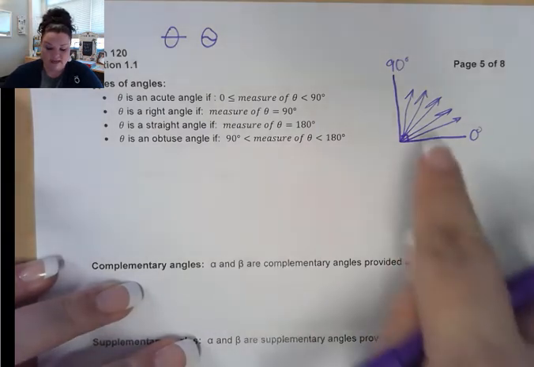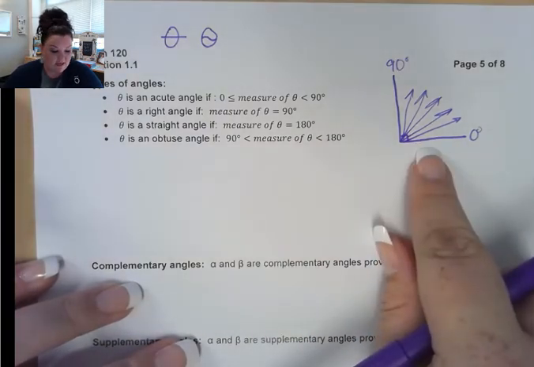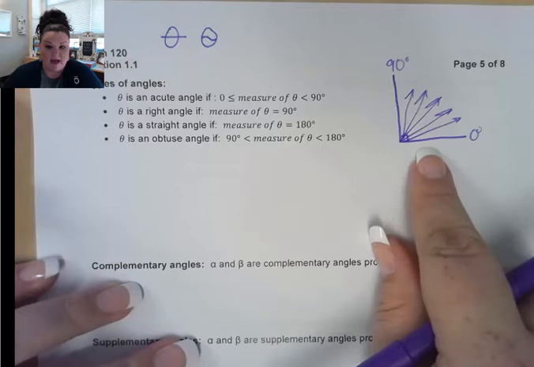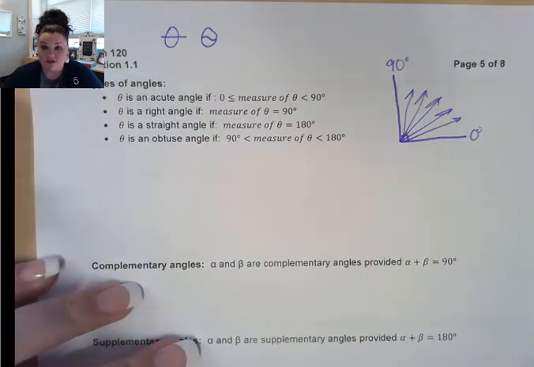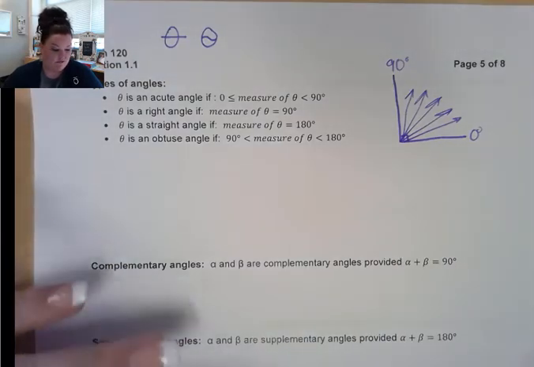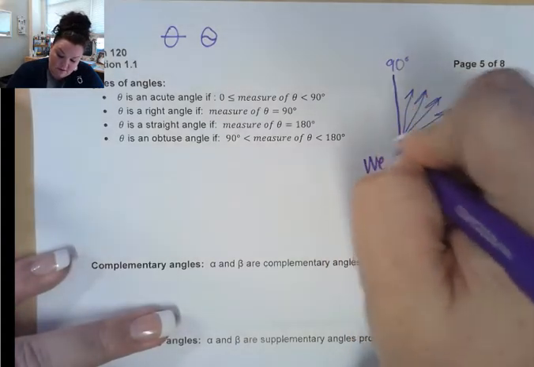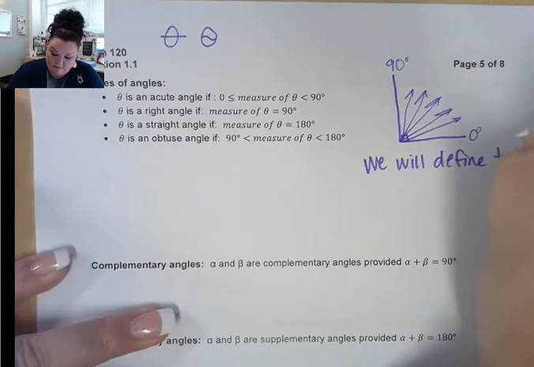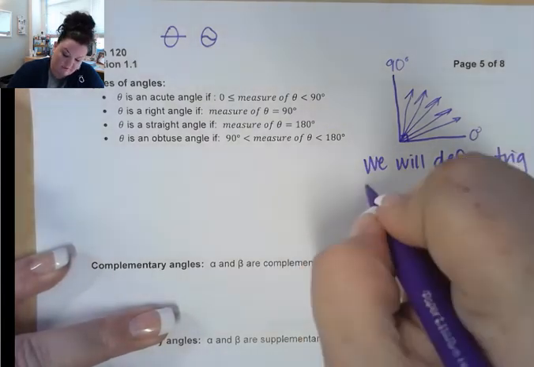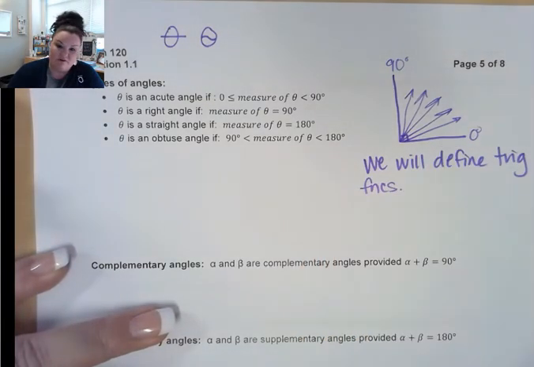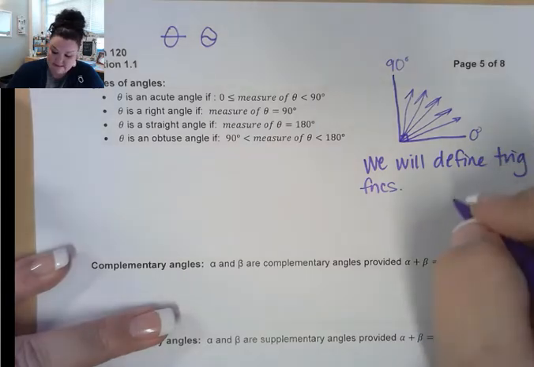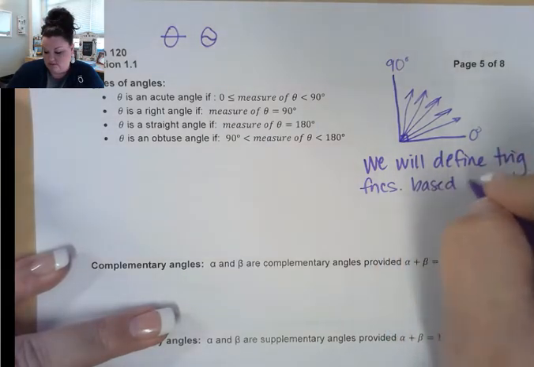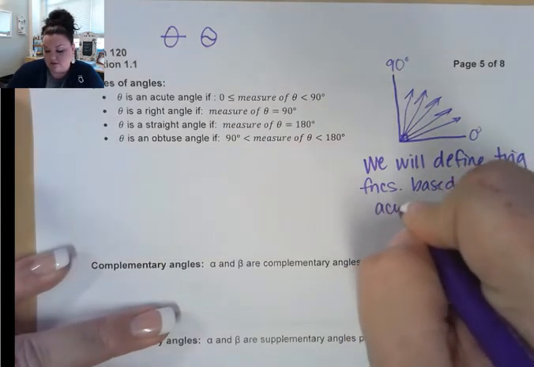And the acute angles is how we're going to define our trig functions. So I'm just going to make a note here. We will define trig functions based on acute angles.